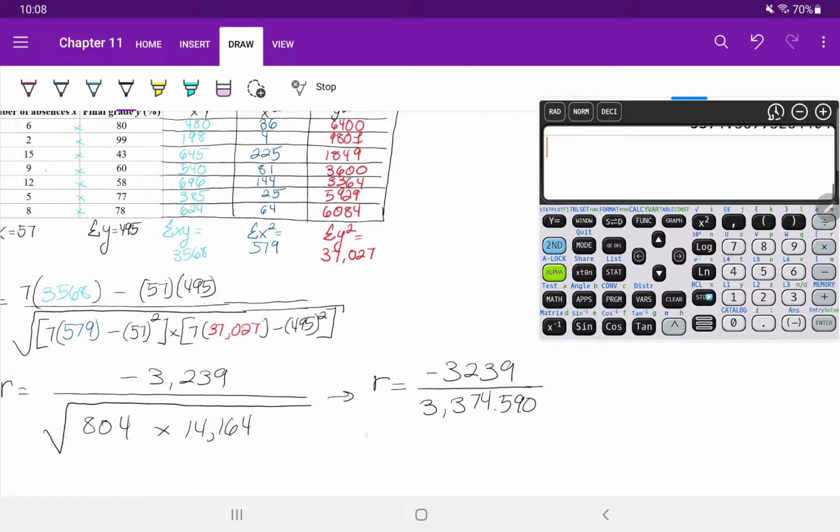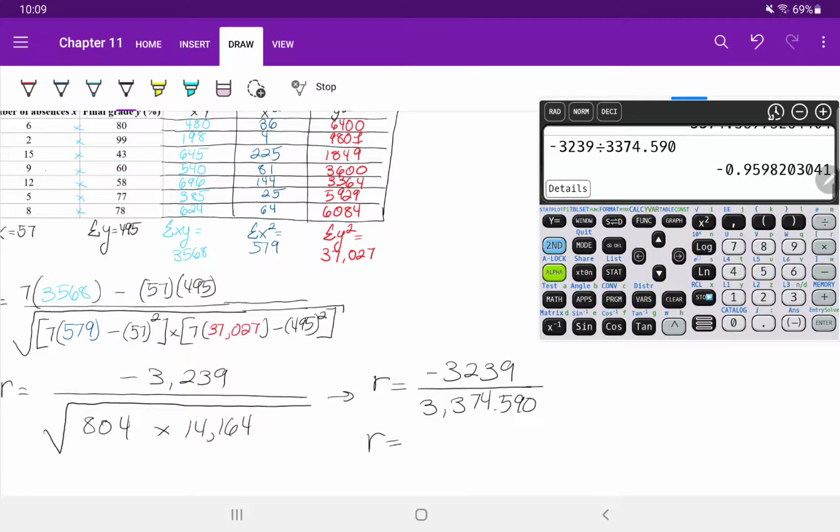And then let's divide and round the three numbers after the decimal. So negative 3,239 divided by 3374.590.